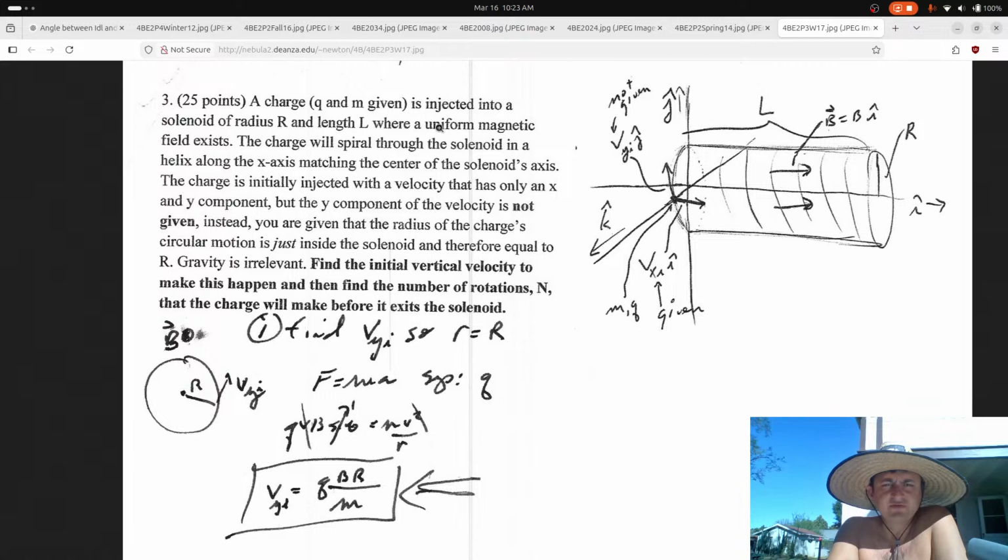Instead, you are given that the radius of the charge's circular motion is just inside the solenoid and therefore equal to R. Gravity is irrelevant. Find the initial vertical velocity to make this happen, and then find the number of rotations n that the charge will make before it exits the solenoid. Okay, so we have Q, M, solenoid, B.